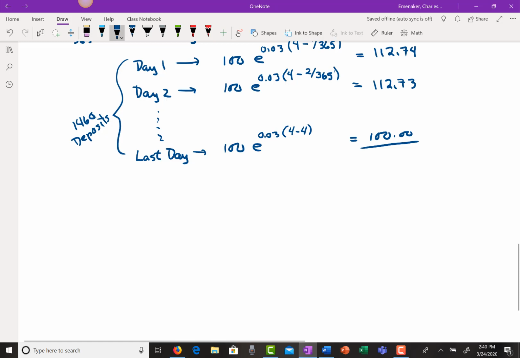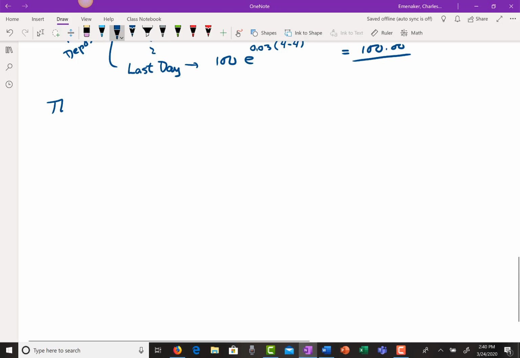This can be written as the sum, because we're adding them up, where we start on the first day and we go up to the 1460th day. Now, how do I get 1460? Well, where this 1460 came from is 4 times 365. Yeah, I know that somewhere in there's a leap year, so there's a day missing, but we could work that in if we wanted to.